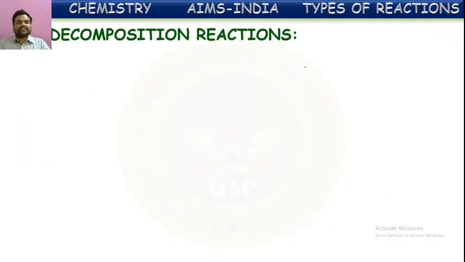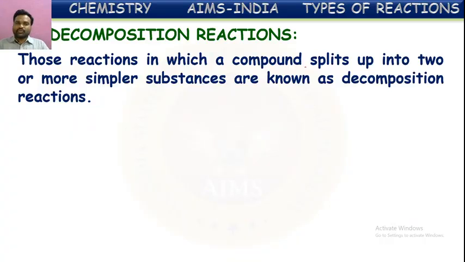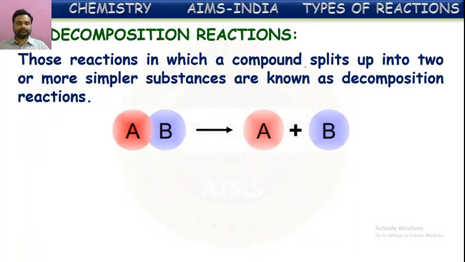Now let us see the second category in chemical reactions, that is decomposition reactions. Those reactions in which a compound splits up into two or more simpler substances are known as decomposition reactions. In the diagrammatic explanation, if AB is a compound, after the reaction it splits into A and B, two simpler substances, then that reaction is called a decomposition reaction.